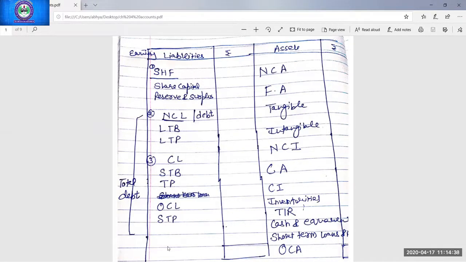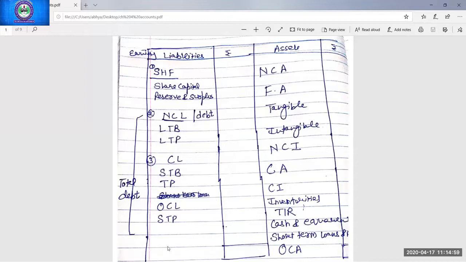So this is the balance sheet for ratio analysis only. Shareholder fund is equal to share capital plus reserve and surplus.